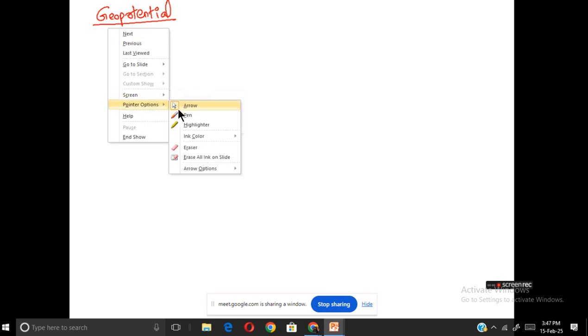What does geopotential mean? Geopotential at any point in the atmosphere is basically defined as the amount of work that must be done to raise an air parcel. Suppose this is an air parcel at the surface of the earth, where z is equal to 0.